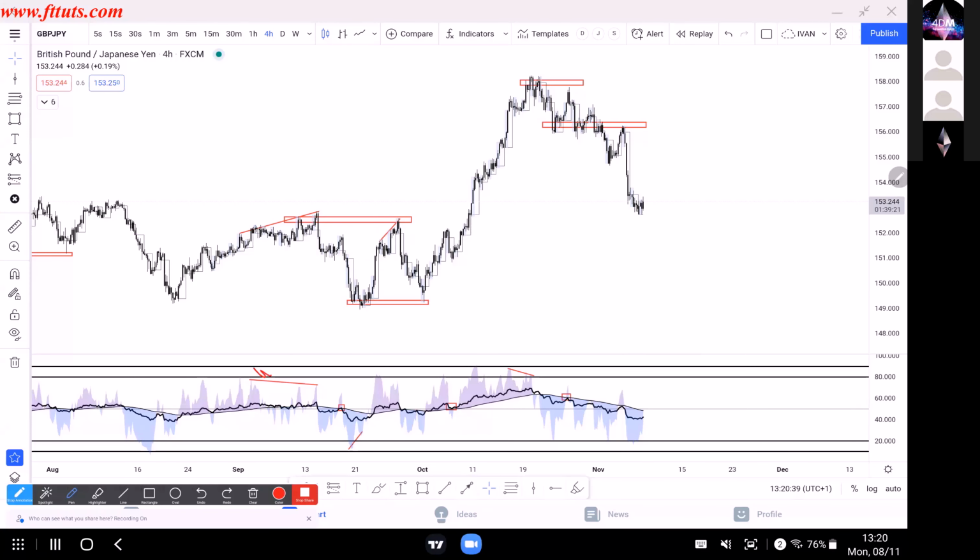All I wanted to say is that we have a supply and demand zone marked on the indicator, so it's easier to understand that price is in the supply or demand zone.